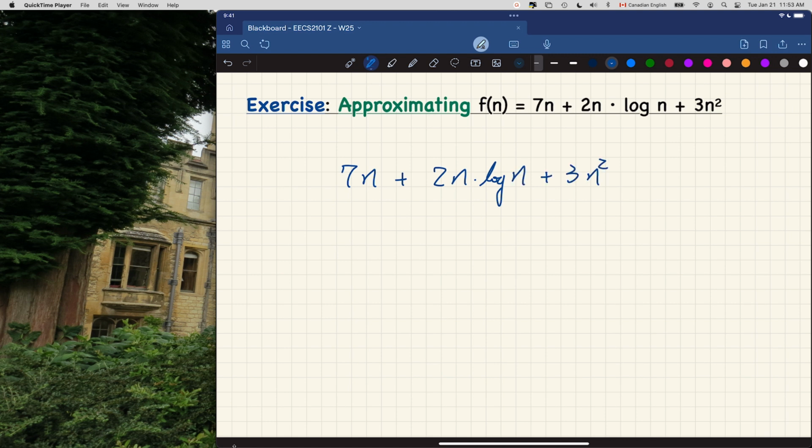All right, that's what's given. For this course, unless we say otherwise explicitly, whenever we talk about log, you can assume it is base 2. By default, base 2.